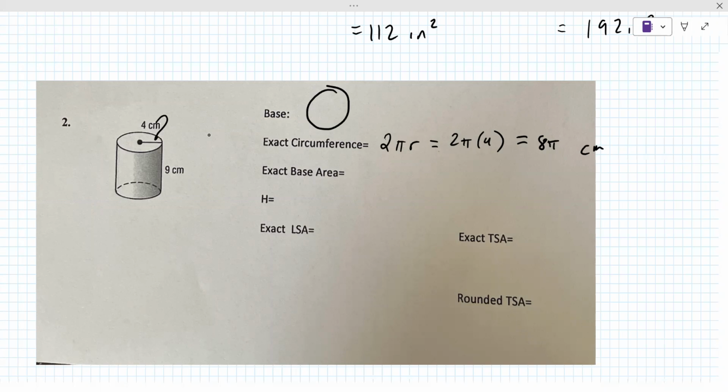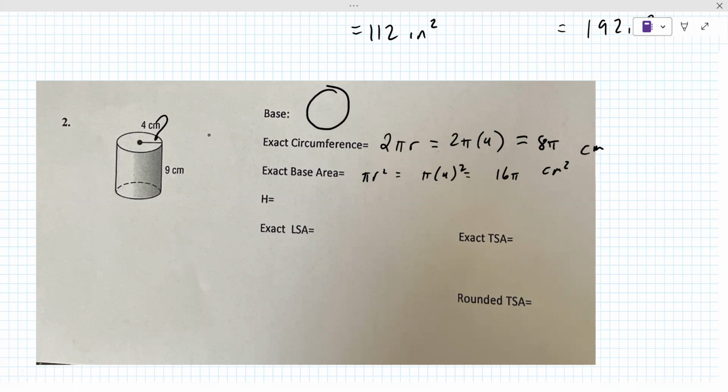Got it. Same thing with the exact base area. That's pi r squared, which is pi times 4 squared, or 16 pi centimeters squared. All right.